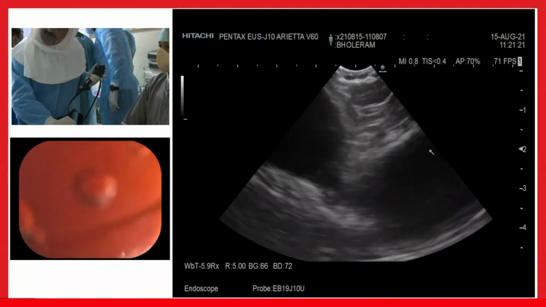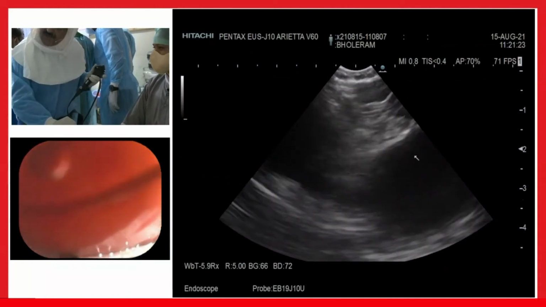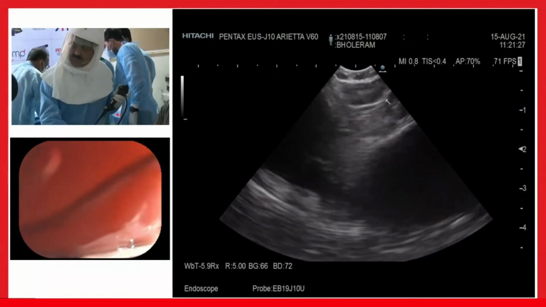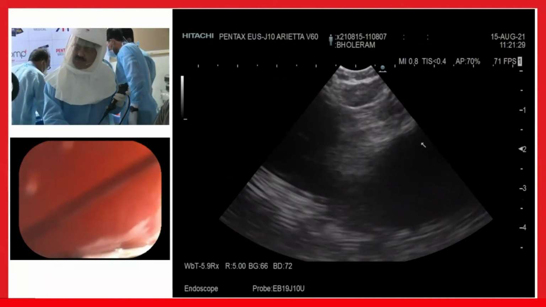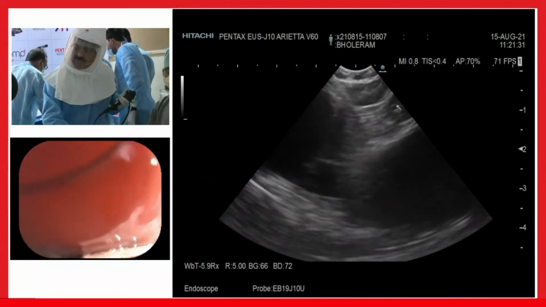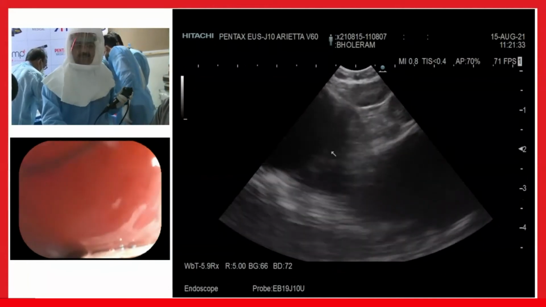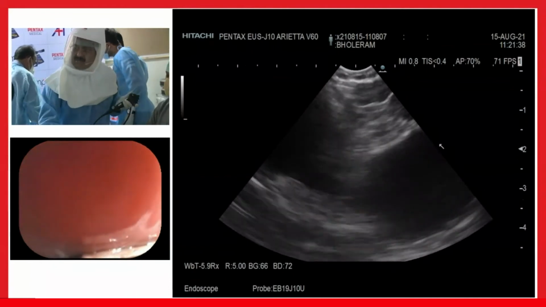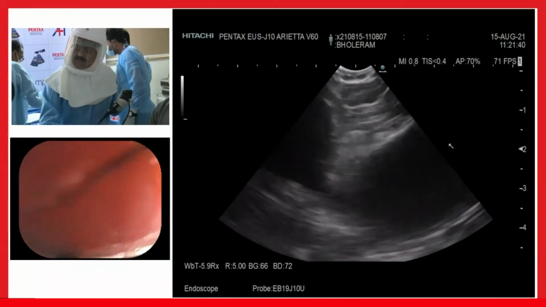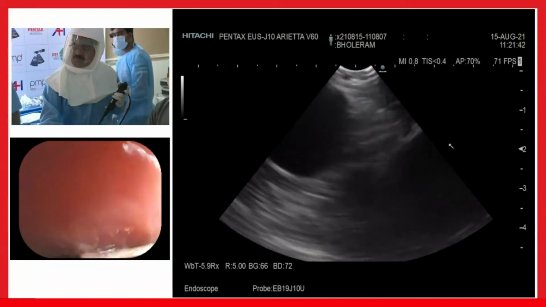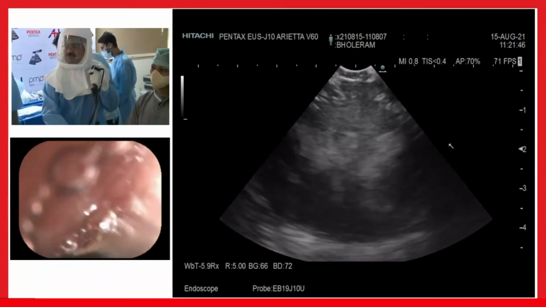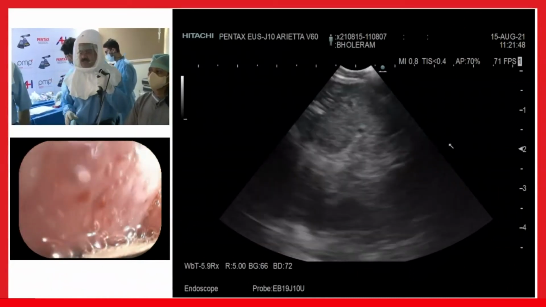In the 2 lymph nodes, you can see the aorta below on the right side, pulmonary artery on the left side, and these 2 small lymph nodes are 4L lymph nodes, and they can be seen very beautifully by the EUS examination, so that you can see in the EBUS scope also. So this is a small lymph node. Very interesting, the larger lymph nodes. This one is a good large lymph node at station 7.